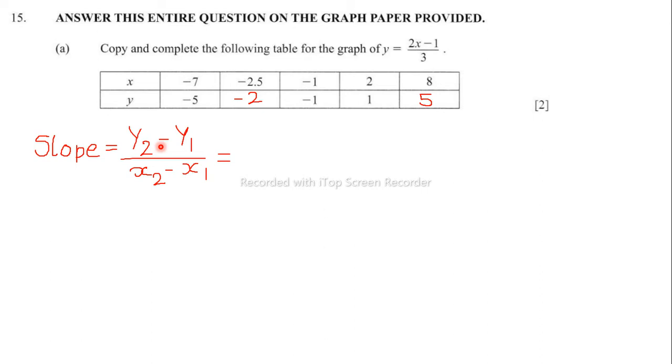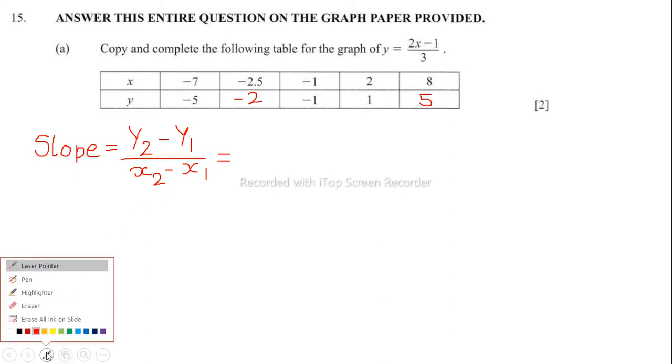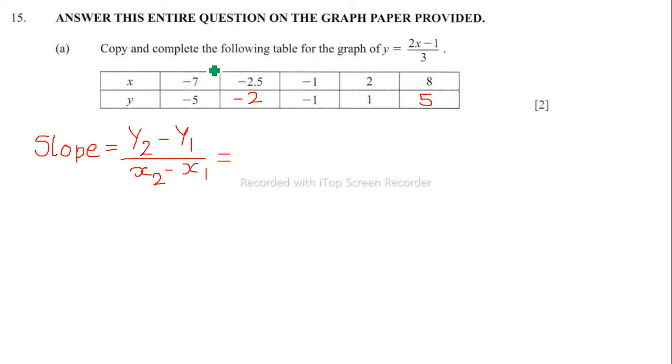So to find a slope, you just need 2 points. Now, this is very important: you could use any 2 points. You could use this point, -7, -5, or this point, so you could use these 2 points. Or you could use this point and -1 and -1. Any two.